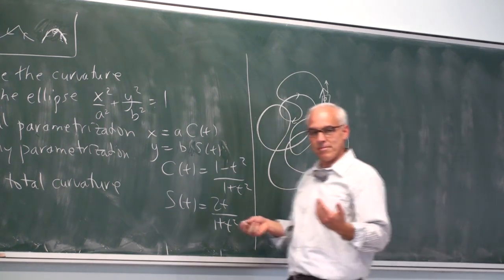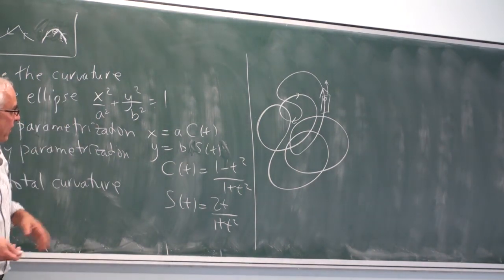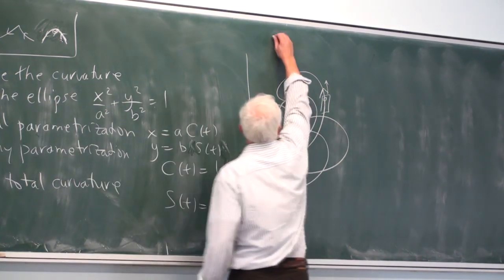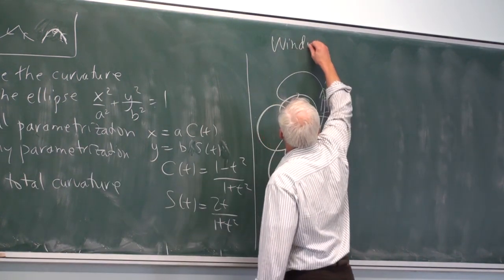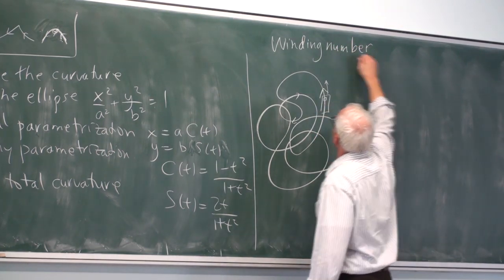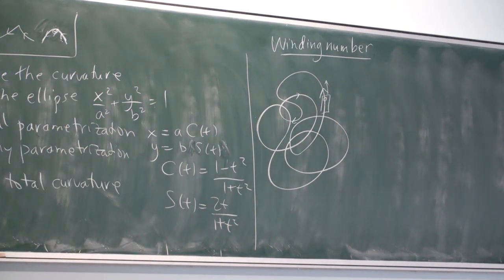But there's another natural notion of turning that we might assign to somebody on a roller coaster, and that's the different notion called a winding number. The winding number is what we get when we look at this roller coaster from a fixed position, not on the roller coaster.